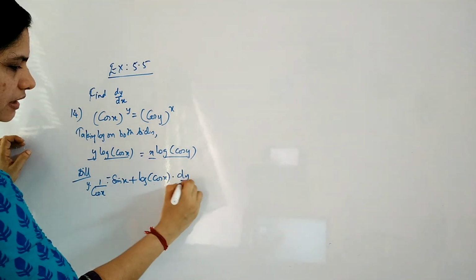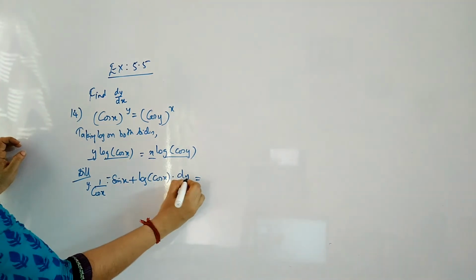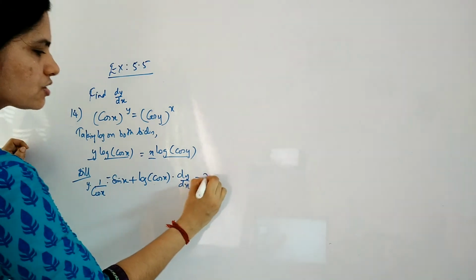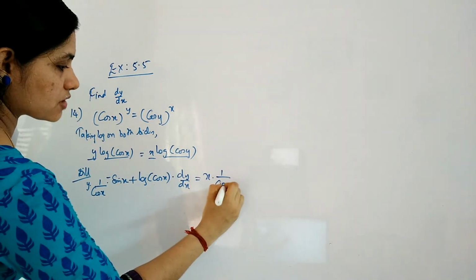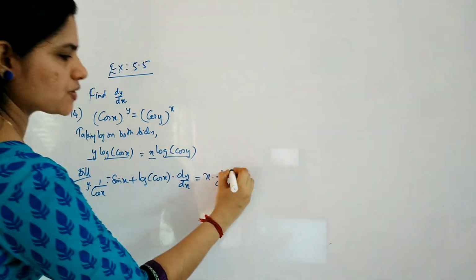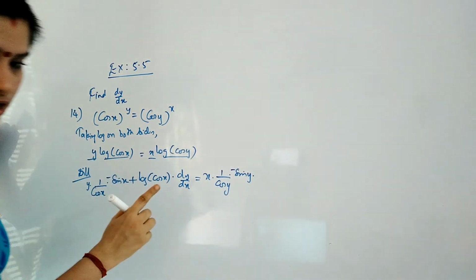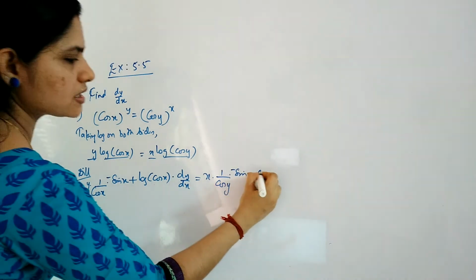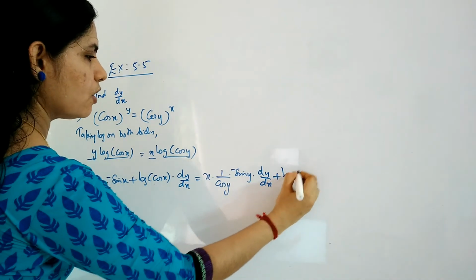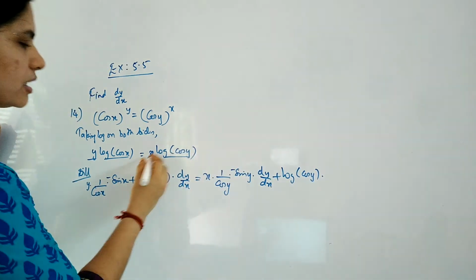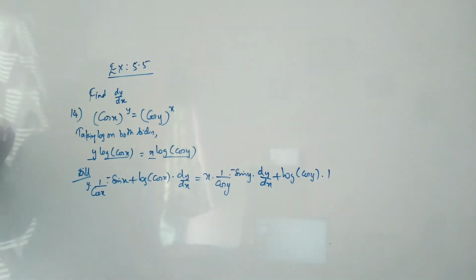Derivative of y is dy by dx equal to the right hand side: x into the derivative of log of cos y, which is 1 by cos y into the derivative of cos y, which is minus sin y, into the derivative of y, which is dy by dx, plus log of cos y into the derivative of x, which is 1.